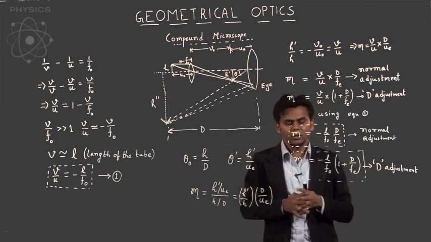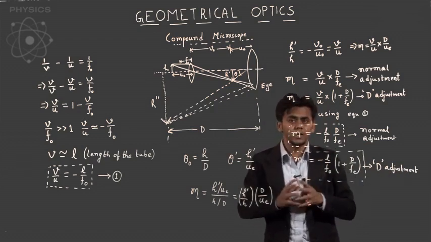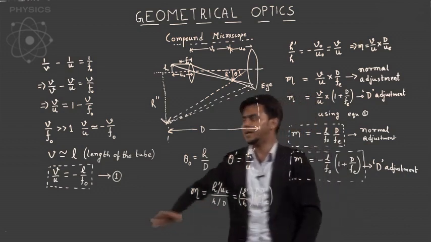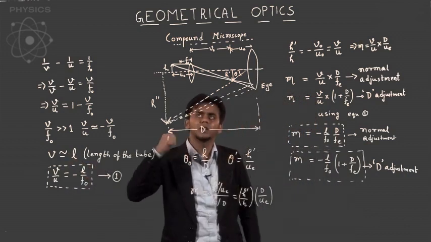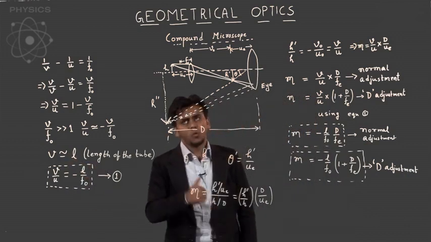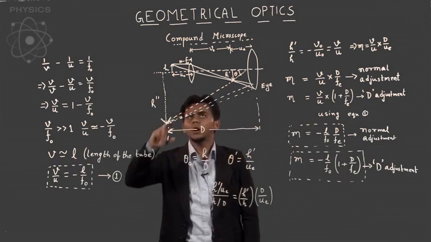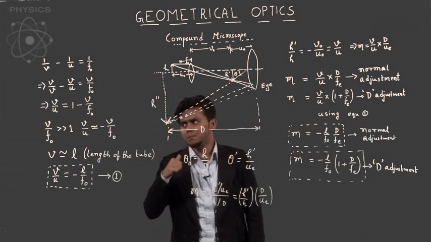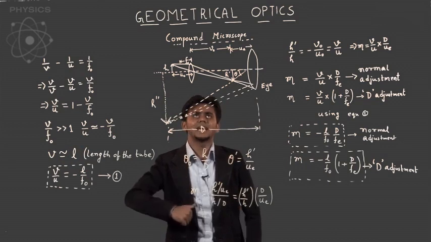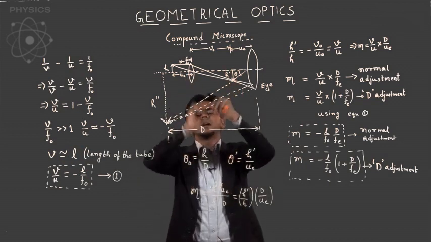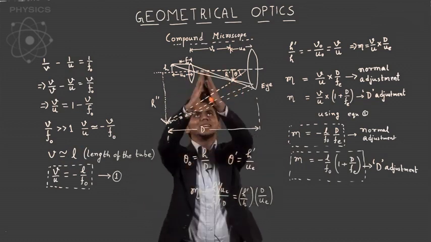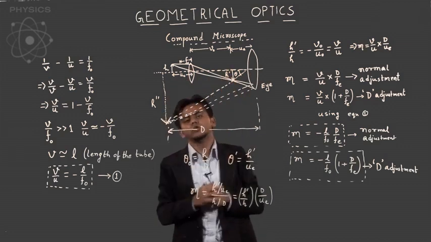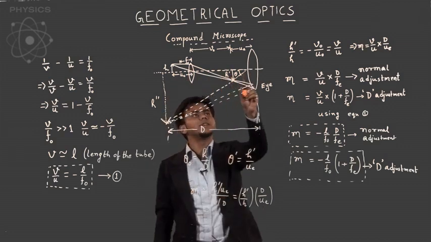Now these two formulas are to be used very carefully, considering the fact that we have made a lot of approximations over here. What approximations we have made is, first and foremost, the objective's focal length is much less than this length, and the second is that this length is almost equal to the length of the tube, which means that this is formed very close to the eyepiece.